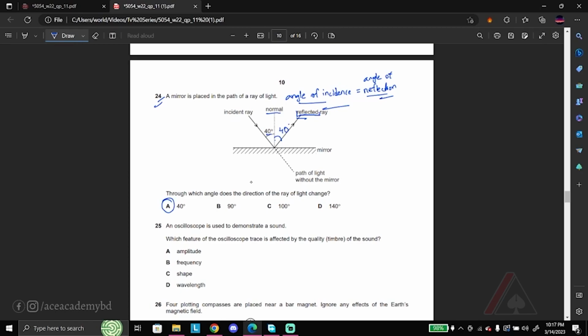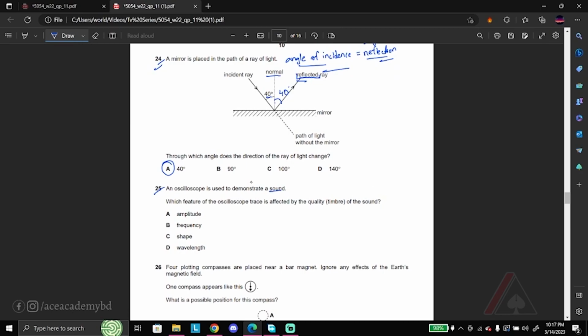So let's move on to number 25. An oscilloscope is used to demonstrate a sound. Which feature of the oscilloscope trace is affected by the quality of the sound? All right, so let's draw the presentation of the oscilloscope first. It basically looks like this.